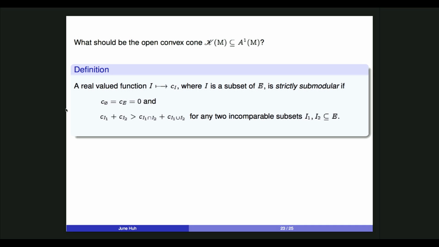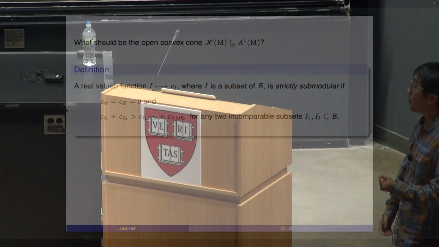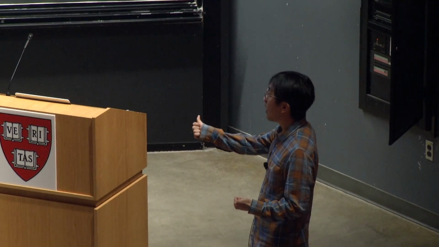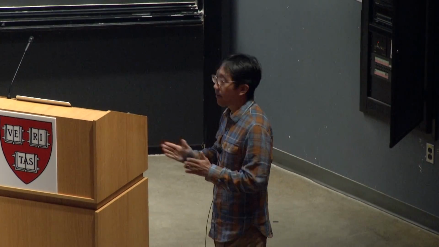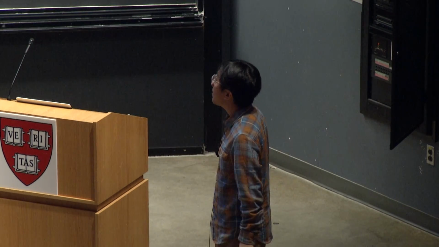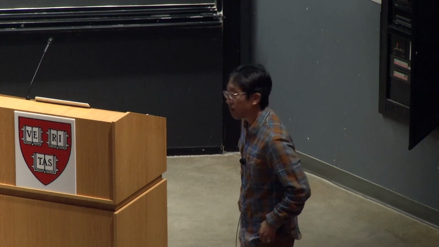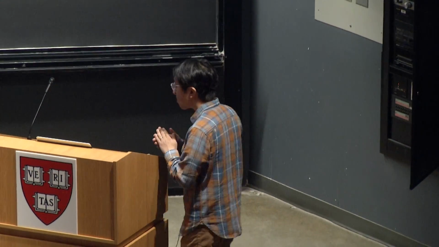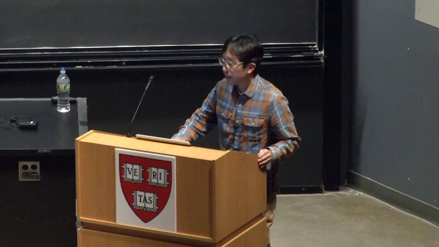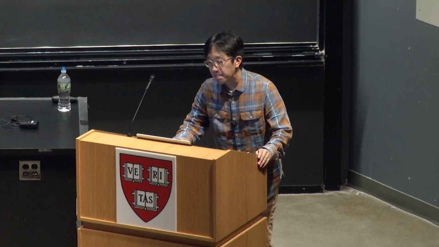So I'm going to declare a function on the Boolean lattice with values in the real numbers to be strictly convex, or strictly submodular, if two conditions are verified. Its value on the empty set is 0, on the entire set is 0, and in every other case where you have a pair of incomparable subsets I1 and I2 in my finite set, you should have that convexity. That I declare to be ample or convex.